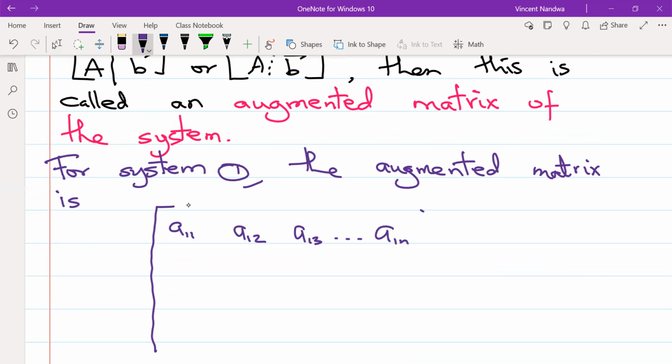You separate by a line. Remember, you can either make the line straight or you can make it dotted, whichever case you pick.